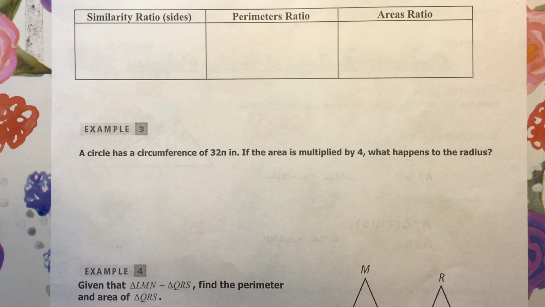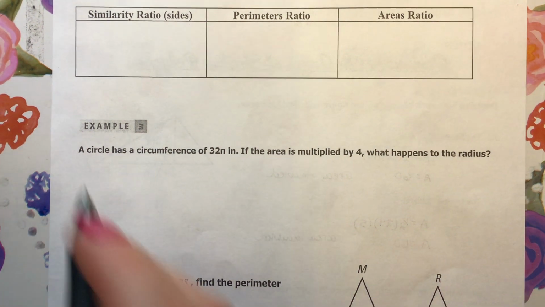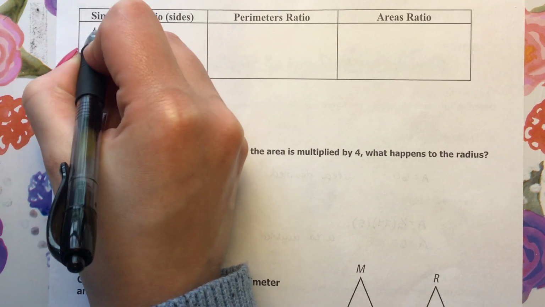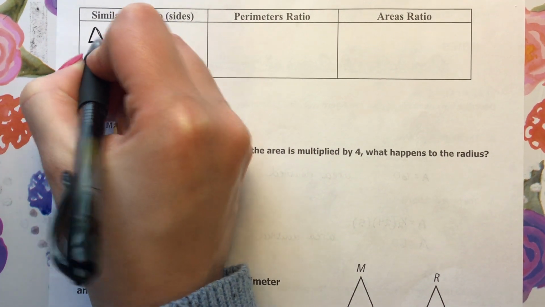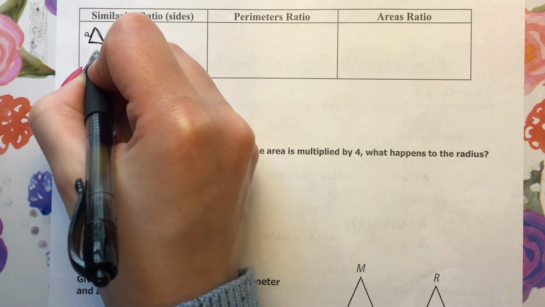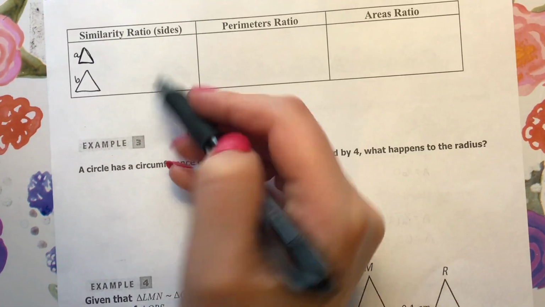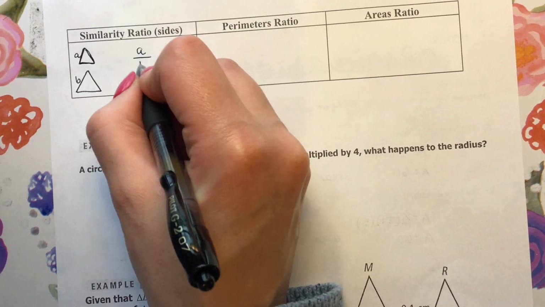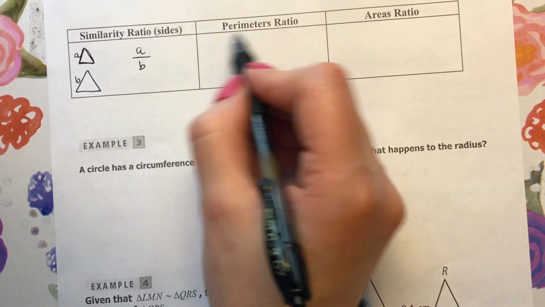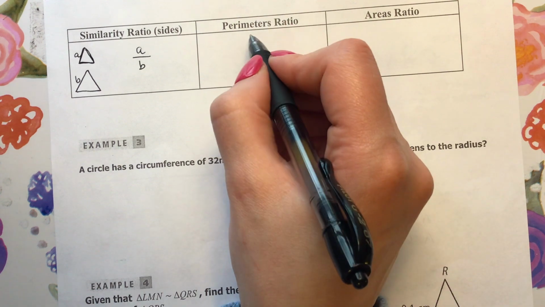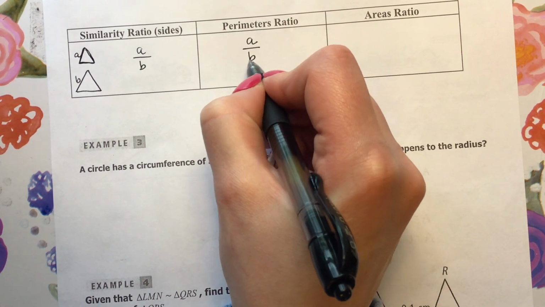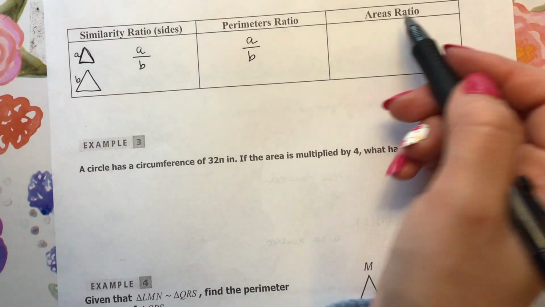When we have two polygons that have a similarity ratio, we know that ratio is going to stay consistent for perimeters, and then you square it for areas. So let's just say that we have, I'll draw two shapes in here. I'll just draw two triangles. Let's say this is A, and then the bigger one has a side B. The similarity ratio between the two sides is A over B. For the perimeters, which is the distance all the way around, that ratio remains A over B. But for the area, it's quite interesting.